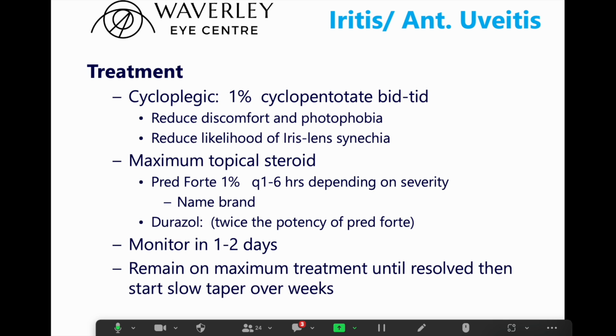Once we have it quietened down, we monitor them every 1 to 2 days until we know it's quietened down. Once it's gone away, then we can slowly taper off those steroids. If you take them off too quickly, it's going to rebound right away. And we're tapering over months.